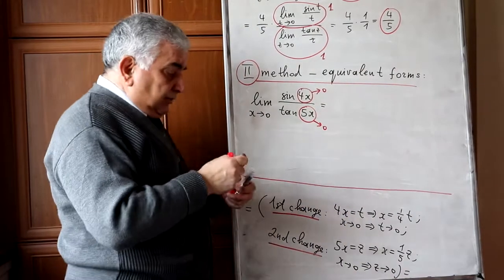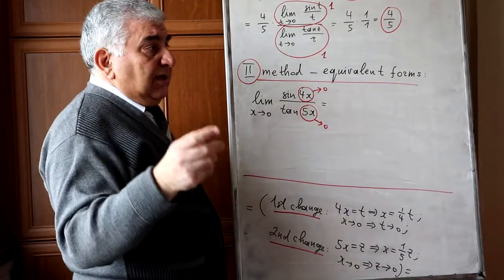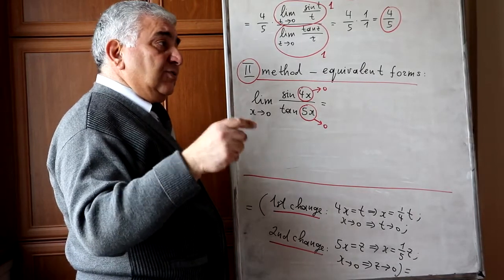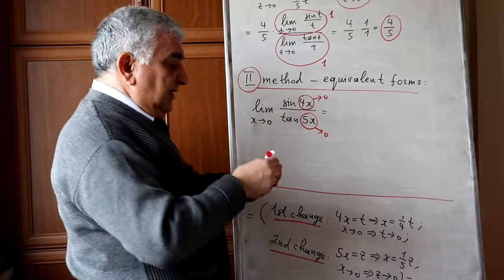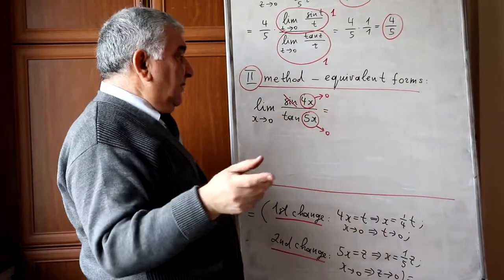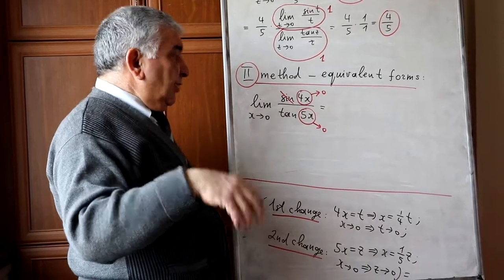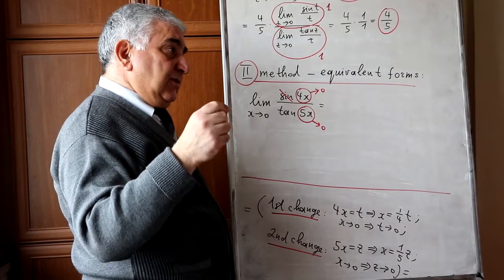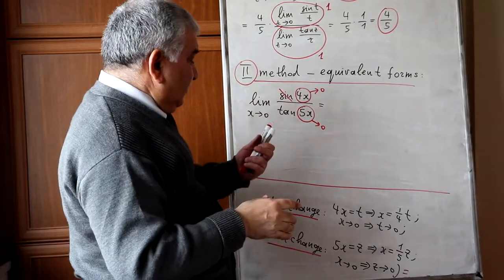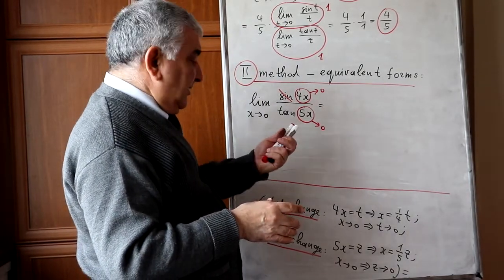And according to the known rule, if the argument of sine tends to 0, then we can delete the sine symbol. Also, according to the known rule, if the argument of tangent tends to 0, then we can remove also the symbol of tangent.